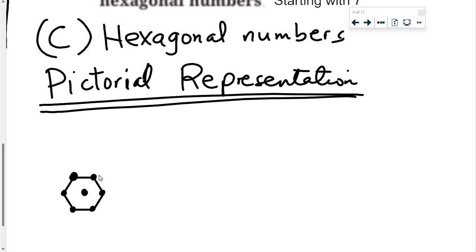How many dots do you have in total? 1, 2, 3, 4, 5, 6. Add 1 at the center, you get 7, which is the first hexagonal number. When you multiply a triangular number by 6, add 1, you get 7, and 7 is a hexagonal number.